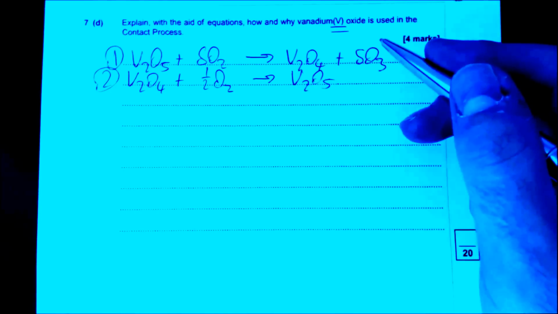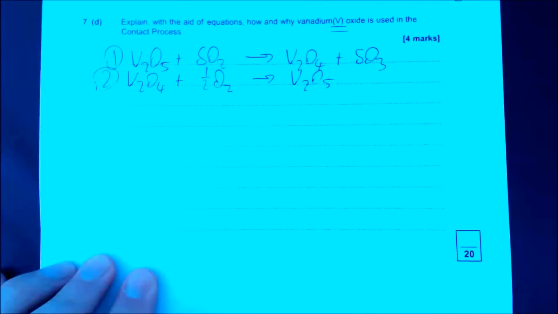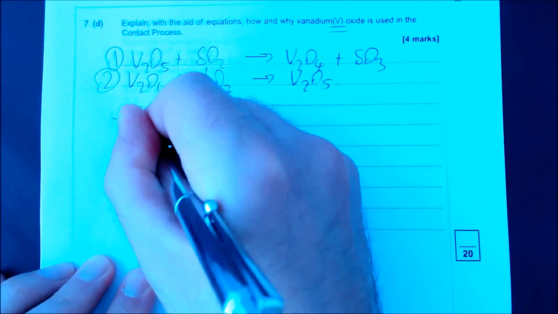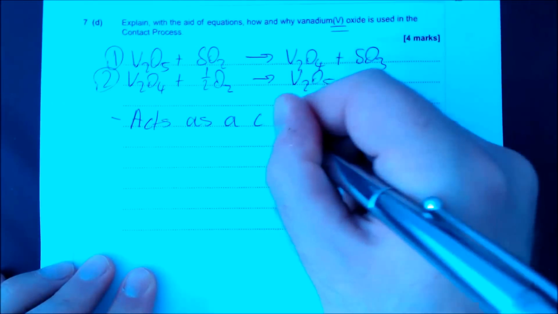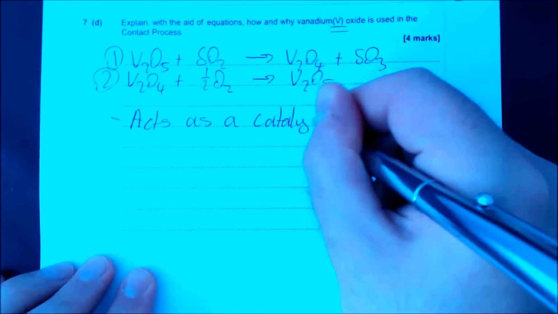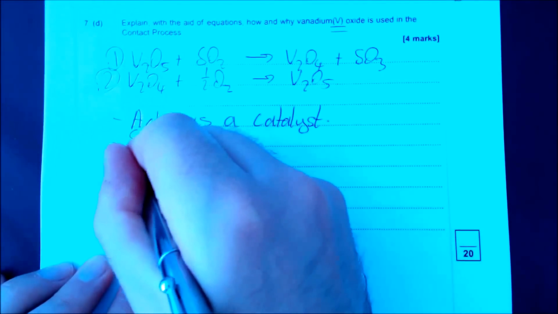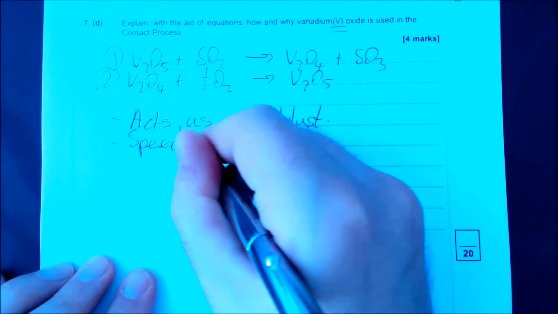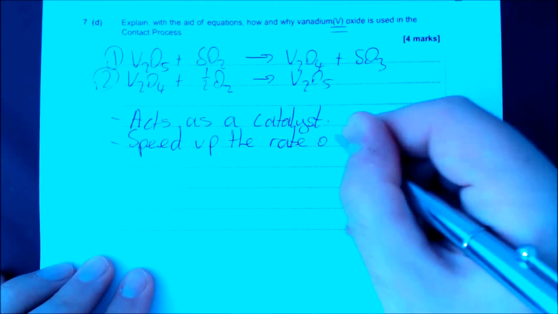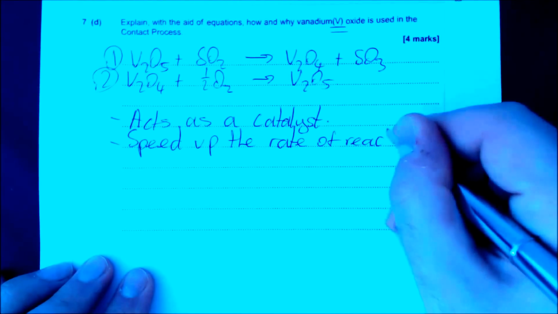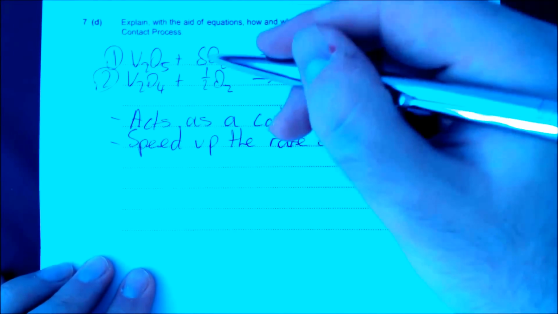So we've made our sulfur trioxide there. Now, what's actually happening here is this is acting as a catalyst, and so that's our next part of the answer. This acts as a catalyst. And obviously catalysts speed up the rate of reaction. And in this instance, we are speeding up the rate of reaction between the sulfur dioxide and oxygen, because effectively that's all we need.